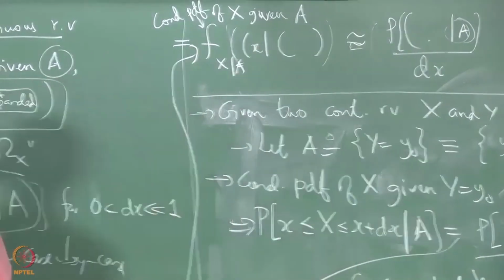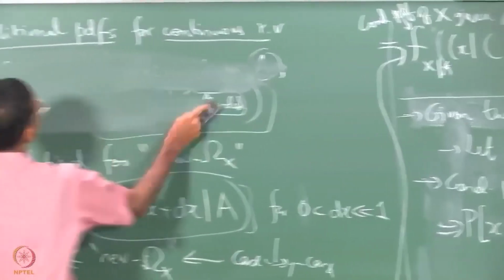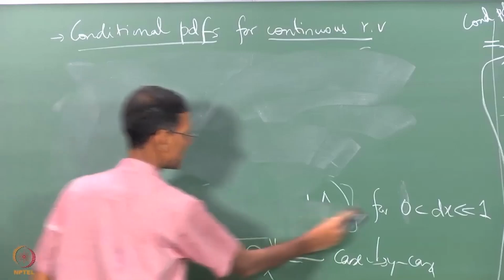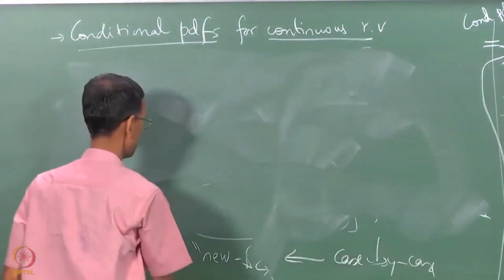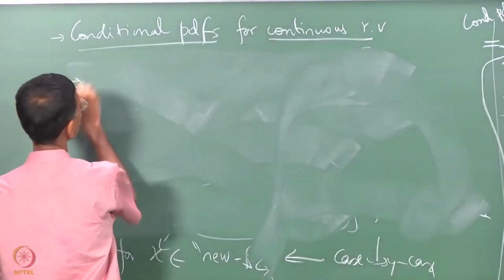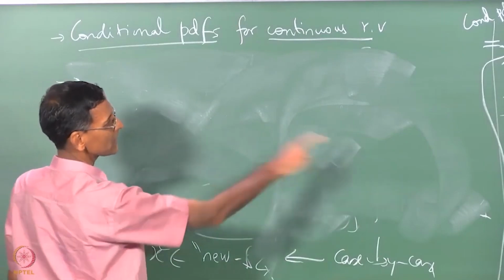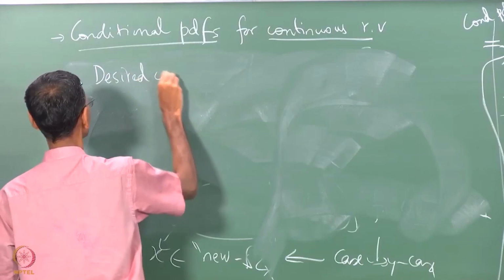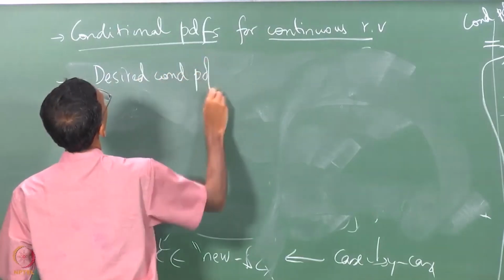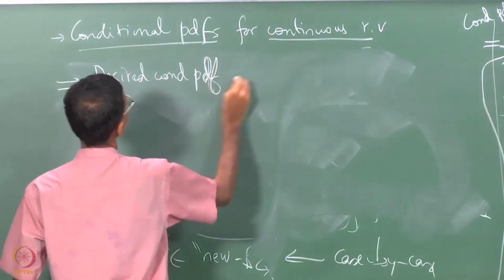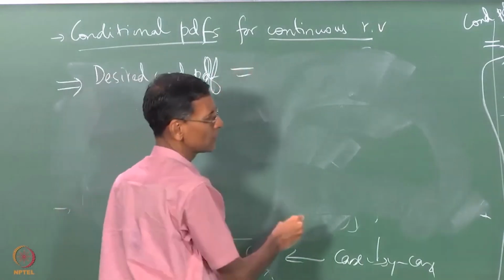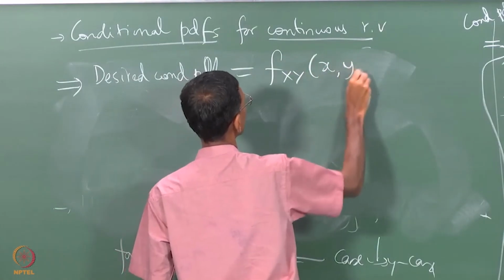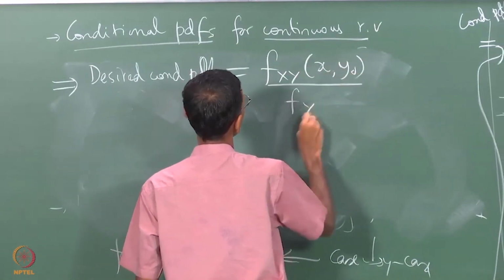So now I can erase all of this and write the most important relationship that we need, which implies that this conditional PDF, let me put desired conditional PDF, I need to have notation for this, equals f_XY of x comma y naught divided by f_Y of y naught.